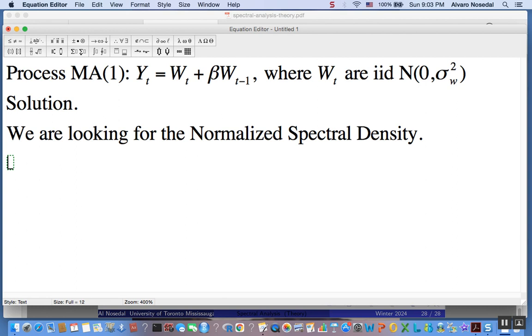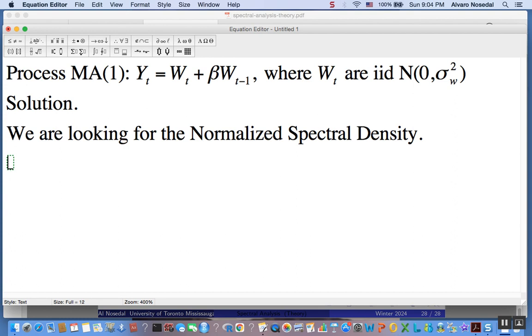That's what we want to obtain. First, let me remind you what the definition of spectral density is. Then we're going to contrast that with the definition of normalized spectral density, and then we're going to apply the definition of normalized spectral density.